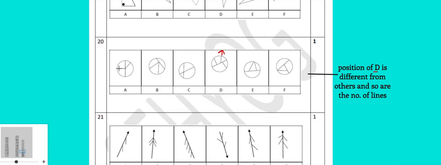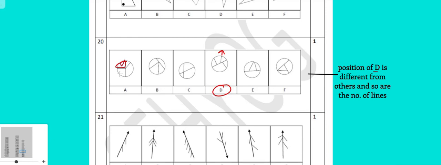So let us see, here we have 1, 2, 3, 1, 2, 3, 1, 2, 1, 2, 3, 1, 2, 3. So here C and D are the options, out of which we need to choose the correct answer, which is D. We already know that, but why is it so? Because the lines make the same number of sides, or the space for each and every figure.